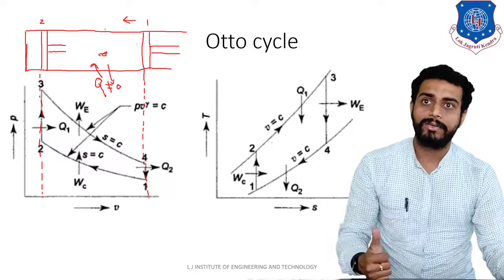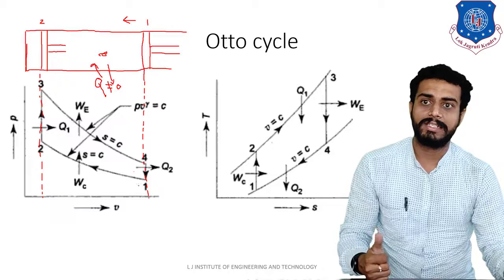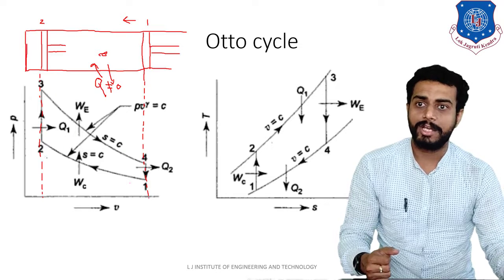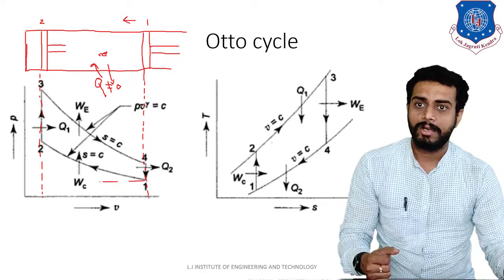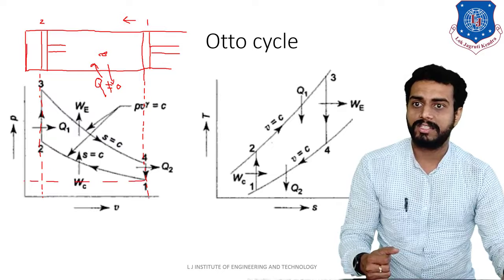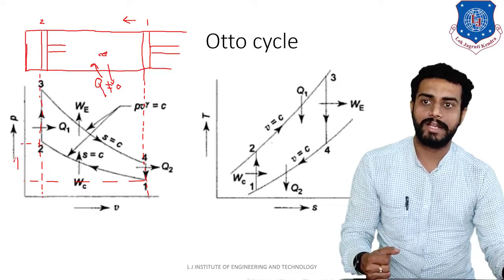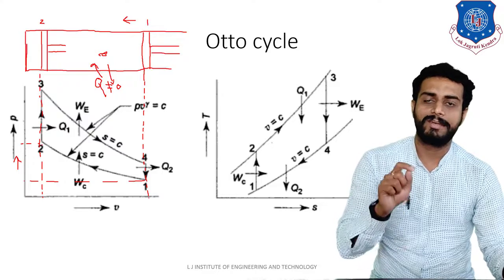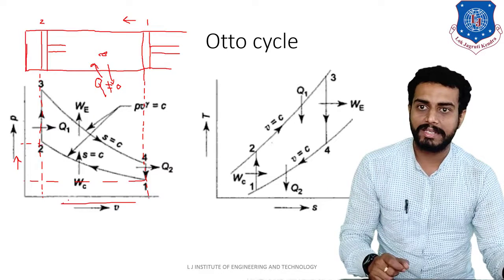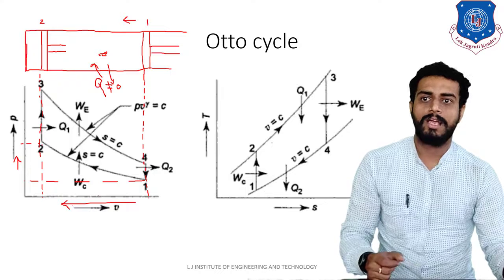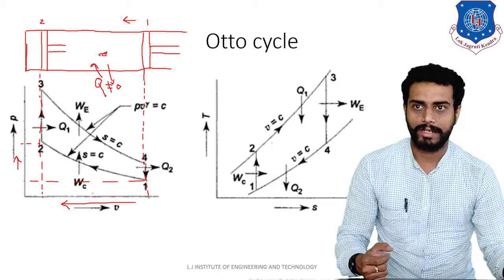Obvious, right? So here you can see as the piston will move toward the inner dead center, the pressure is increasing. See, corresponding to point number 1, the pressure is somewhat lower, and corresponding to point number 2, the pressure is somewhat higher. So the pressure has increased during the reversible adiabatic process and the volume has decreased during the same process. I hope you are clear up to this point.